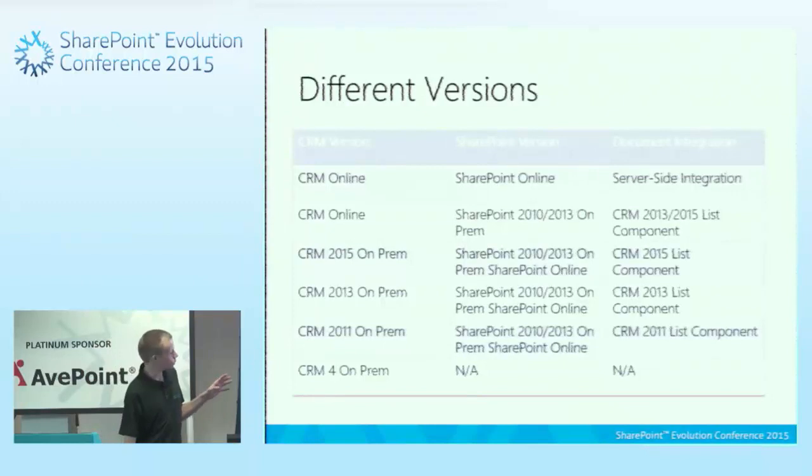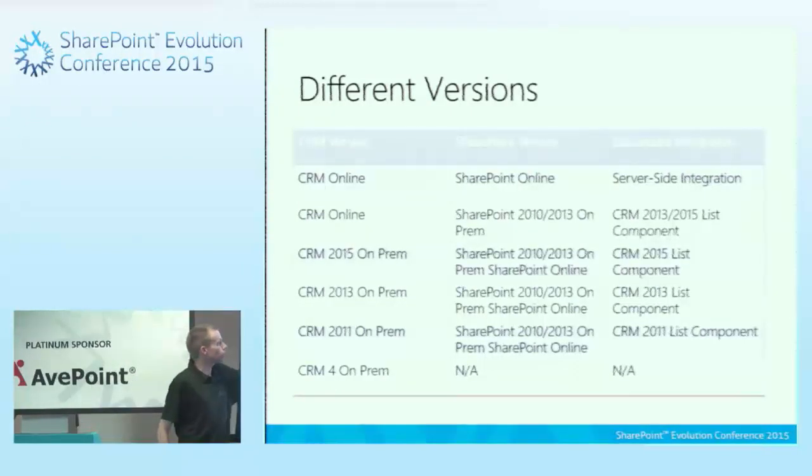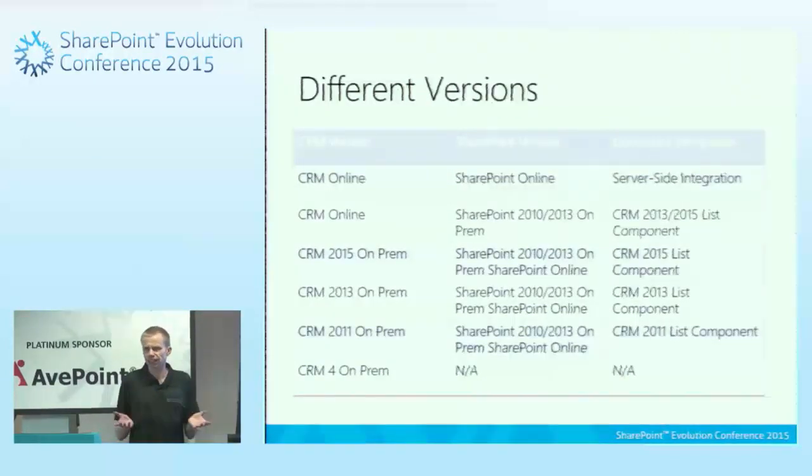So just wanted to pull this slide up here just so we're aware of the different versions available and what that means. So within CRM Online, SharePoint Online, it uses a server-side integration. That's the only one which uses the new server-side integration, and pretty much it's a one-button click to set it up.